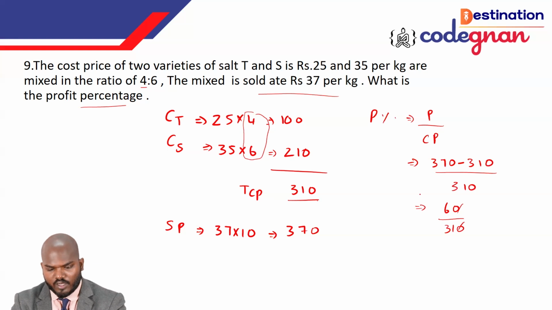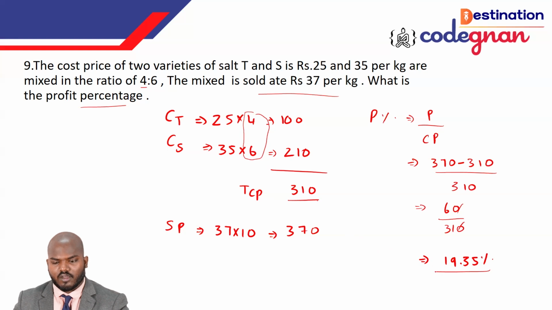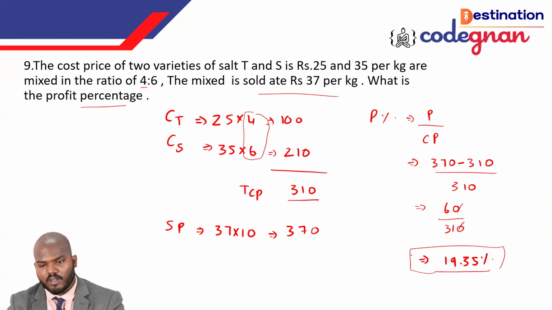If you apply that, that will give you 6 by 31. If you work it out, 19.35 percentage is the correct answer of this question. Okay, it's a very simple question. We are not even using a single formula here, but the basic simple profit percentage we are applying here.